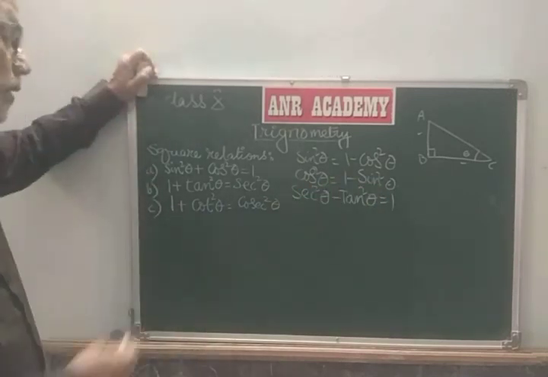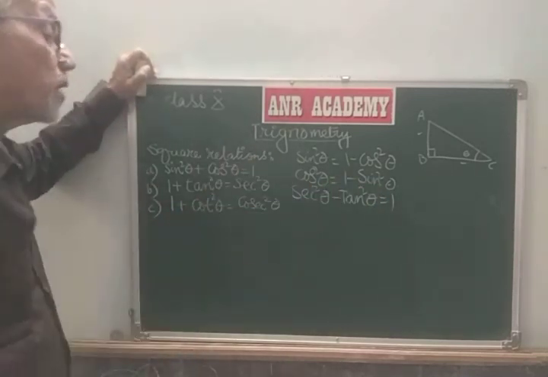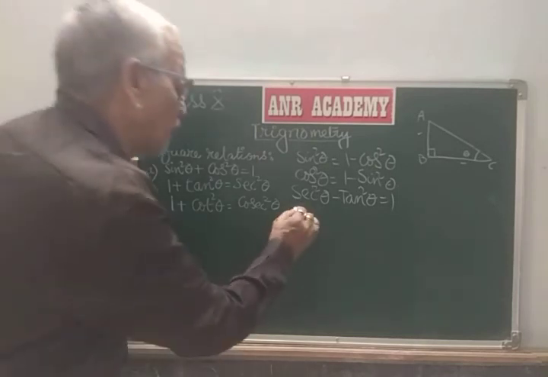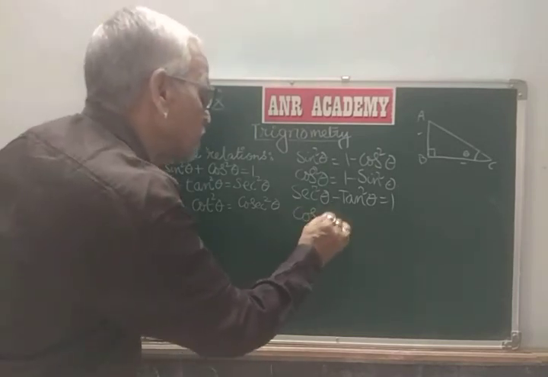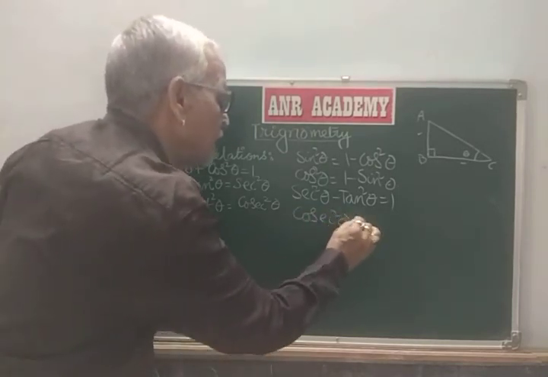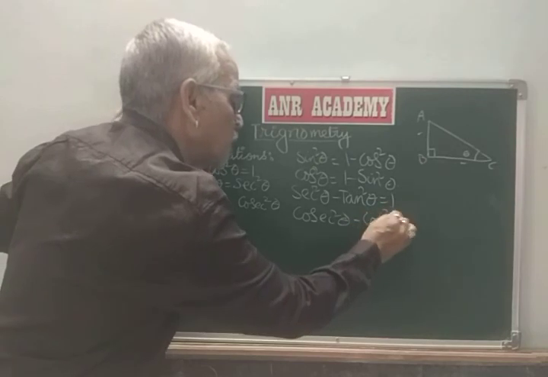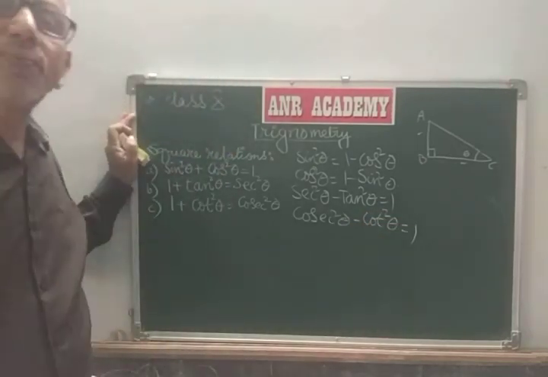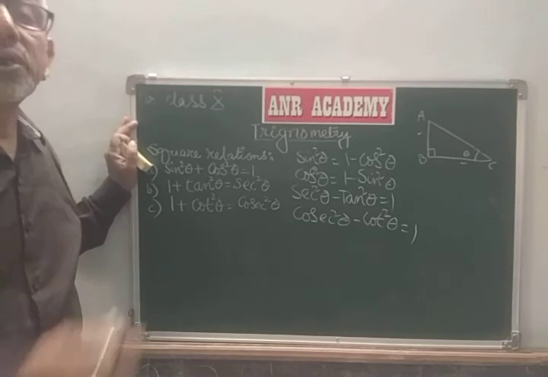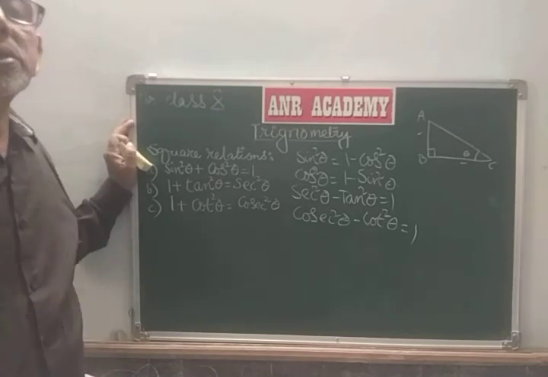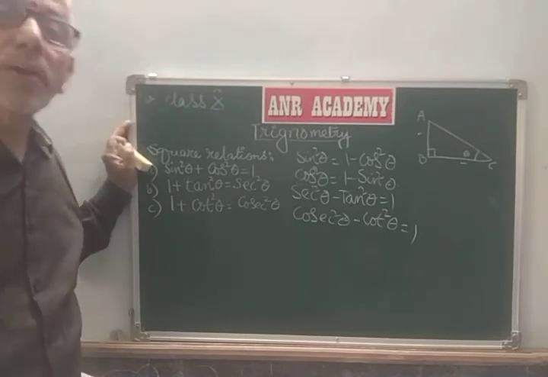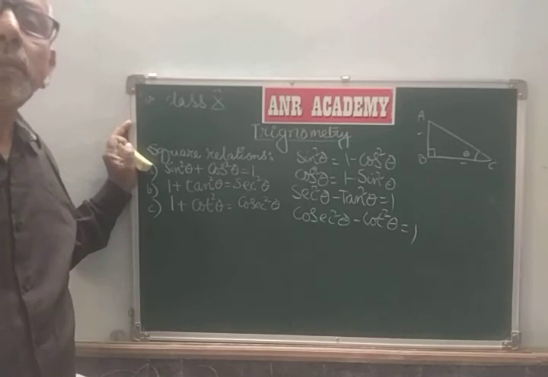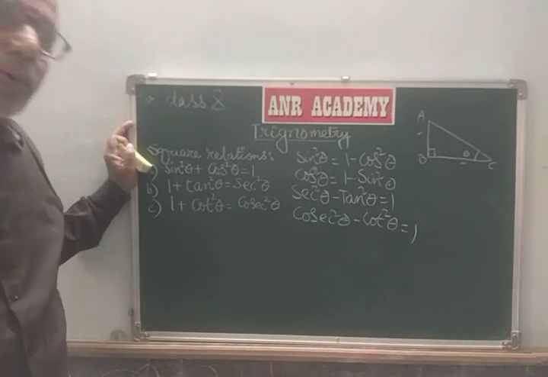In the same way, when I take this cot square theta to the other side, it becomes cosec square theta minus cot square theta is equal to 1. So all these are formulas, and you should remember all of them to simplify the given problem.